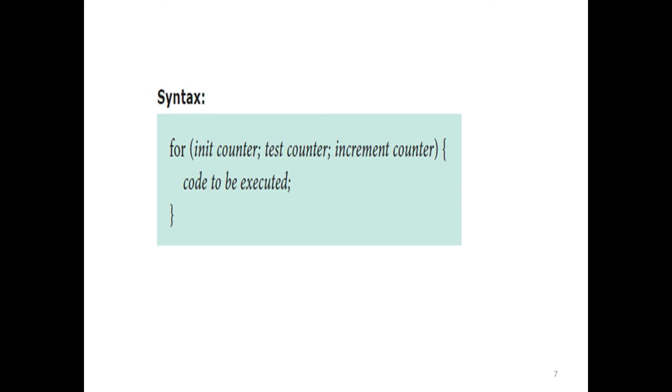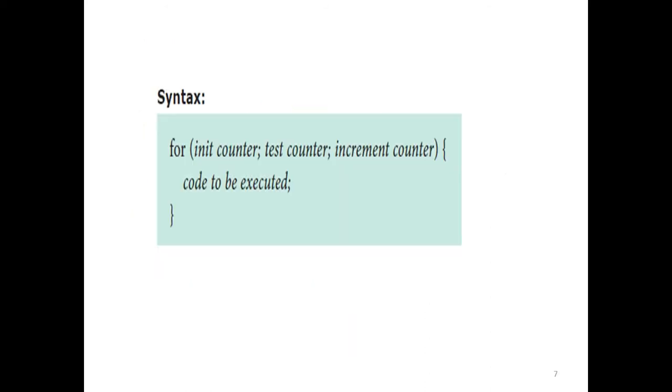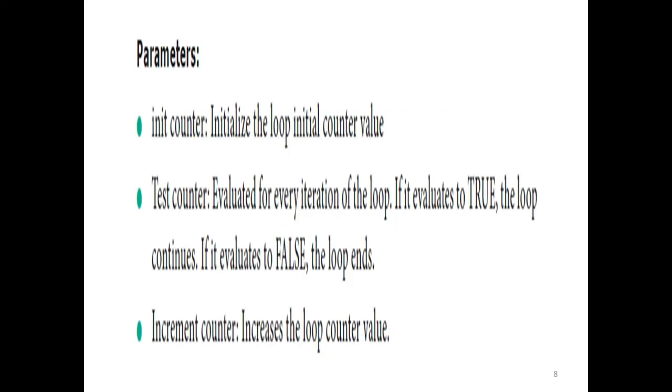For example, the for loop syntax is for (init counter; test counter; increment counter). Here the counter is the variable name, and then the code to be executed. It is explained in the parameters.